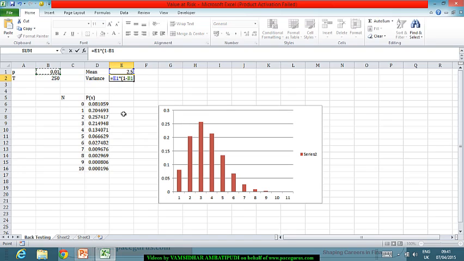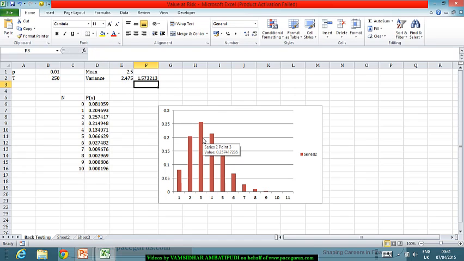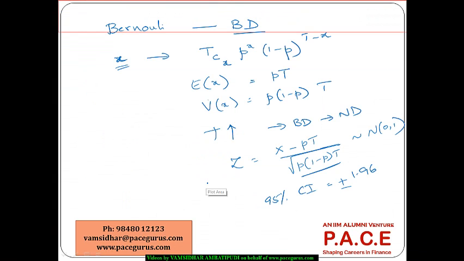So the variance is 2.475. The square root of the variance gives me the standard deviation. So this is the mean, and this is the standard deviation.